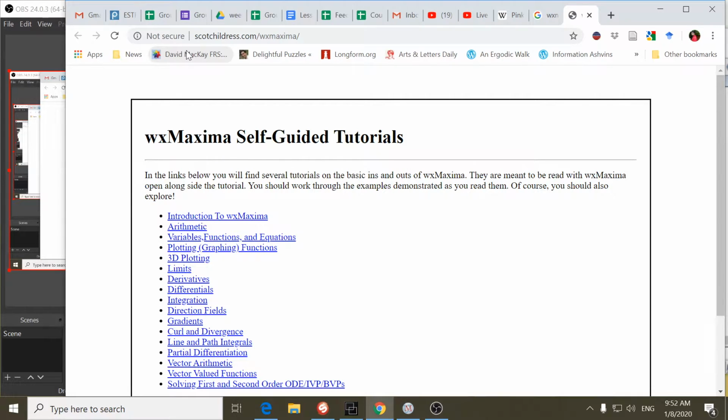Many forget to put the percentage sign, and don't understand that ln doesn't exist in Maxima, only log.